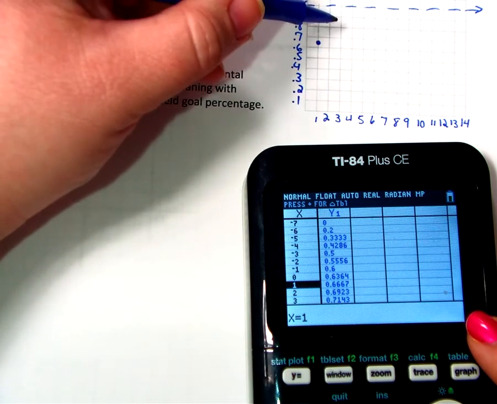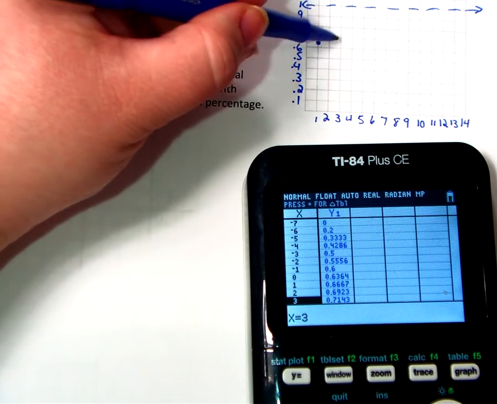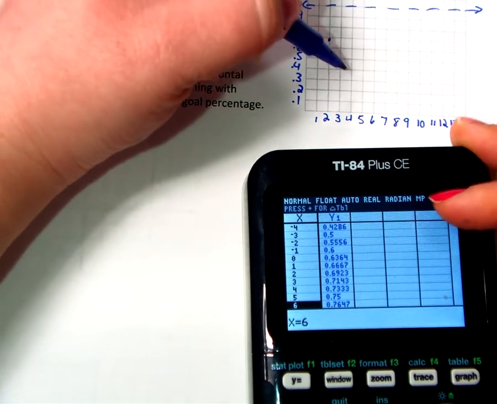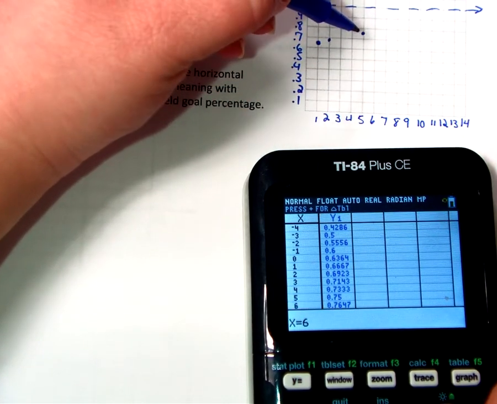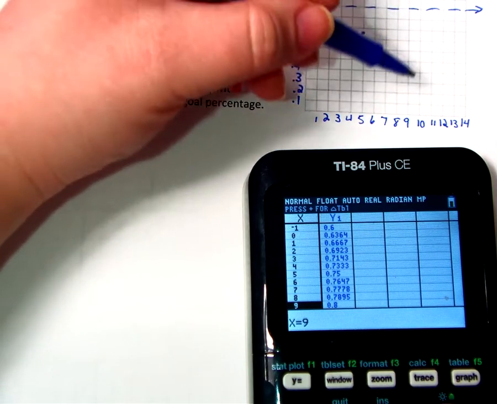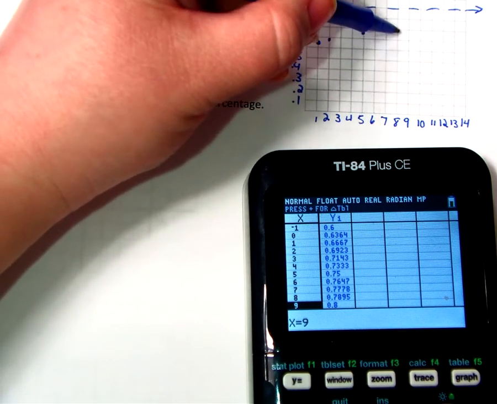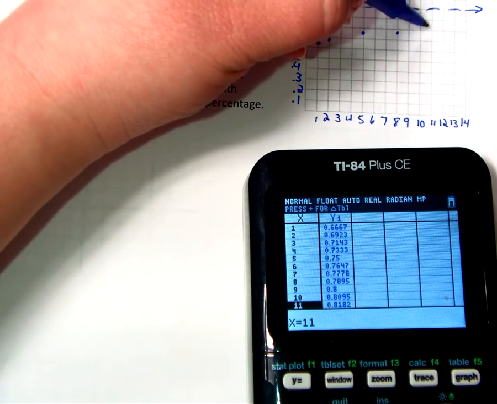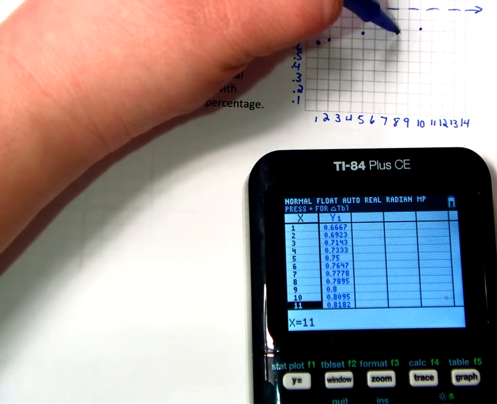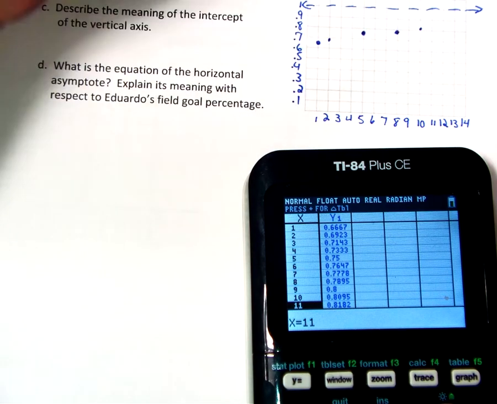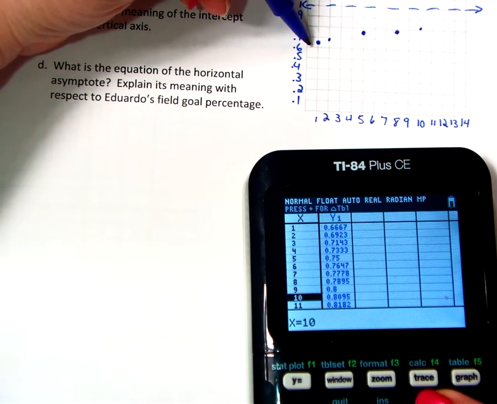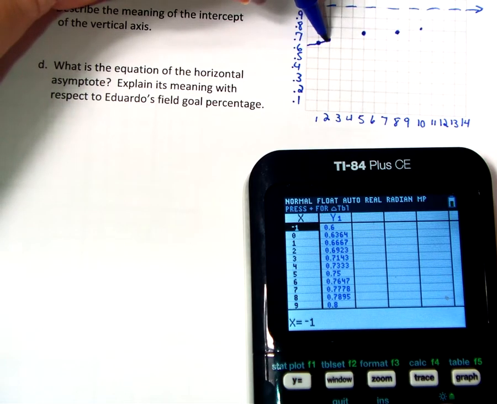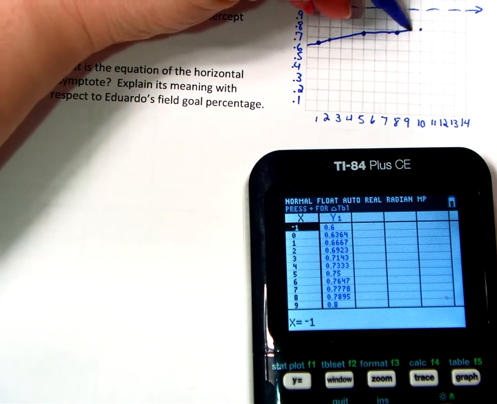At 2, it's at 0.69. At 5, it's at 0.75. At 8, it's at 0.789. All the way at 10, it's at 0.81. So it's going to slowly, gradually get closer and closer and closer to that asymptote, but never actually touch or cross the asymptote.